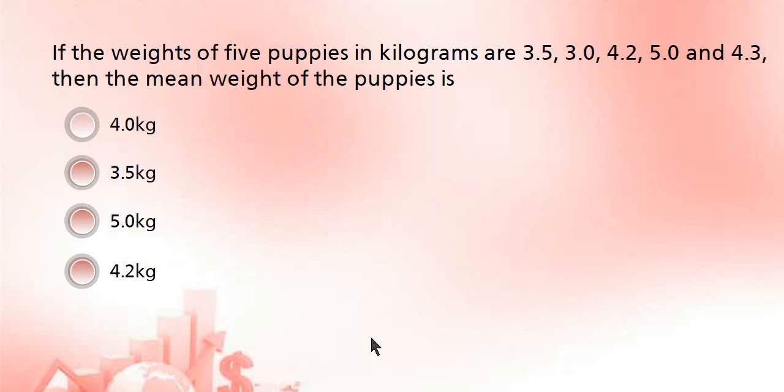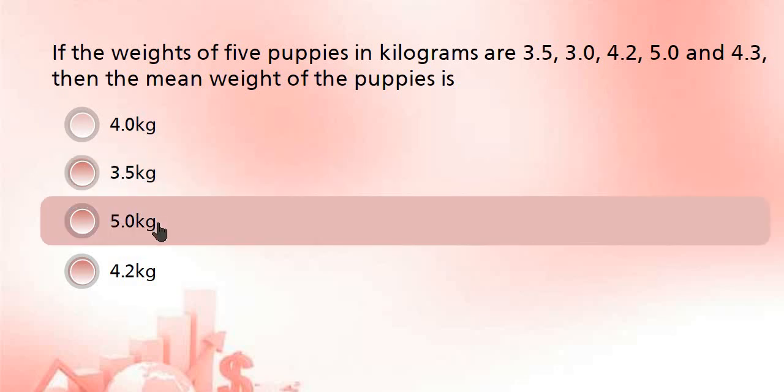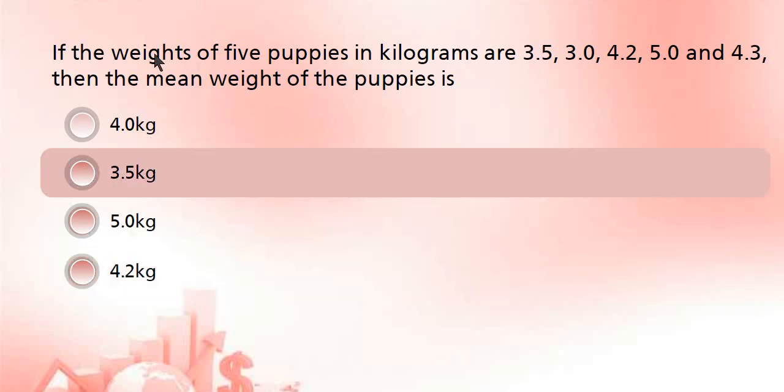Question 5. If the weights of 5 poppies in kilograms are 3.5, 3.0, 4.2, 5.0, and 4.3, then the mean weight of the poppies is what? A, 4 kg, B, 3.5 kg, C, 5 kg, D, 4.2 kg. This is very easy. They ask you to find the mean. Mean means average.